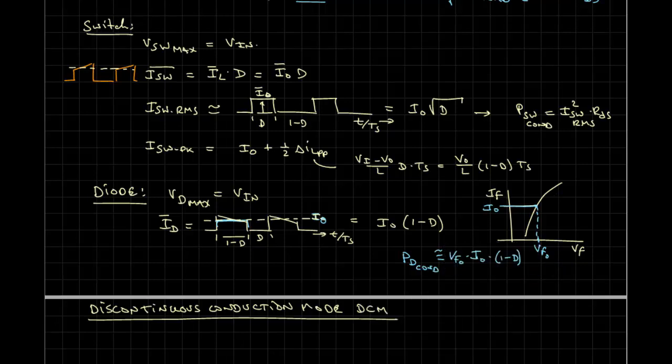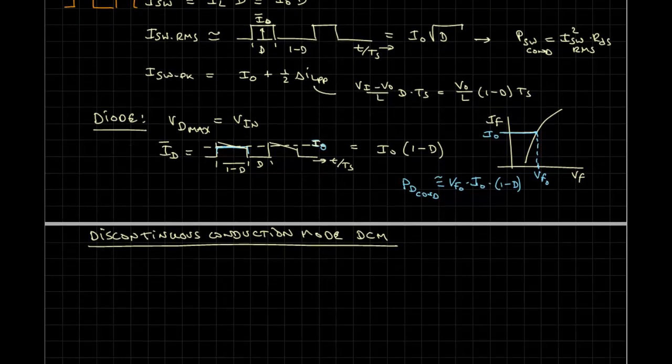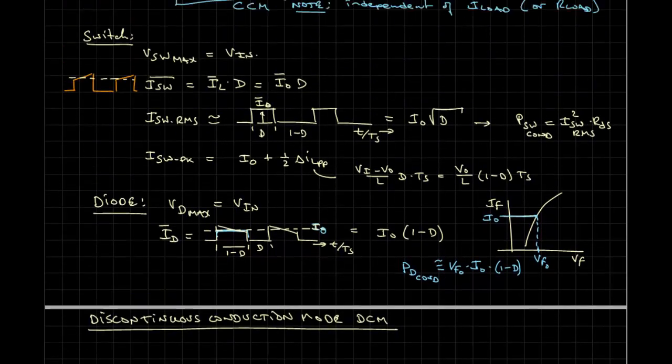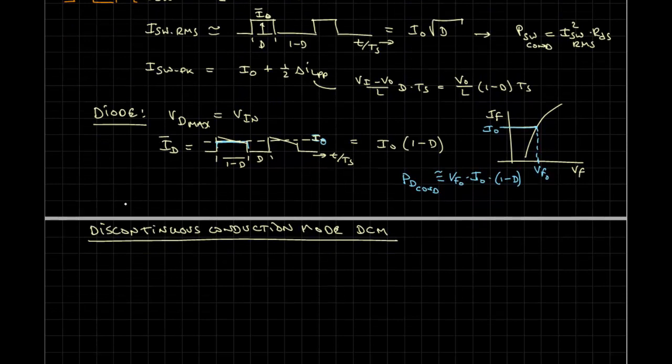Okay, I think that's enough for that. What else should we do? You're also going to want to know the inductor. You need to know I_L, the average, which we know is just I_O, and then you're going to need to know I_L peak.